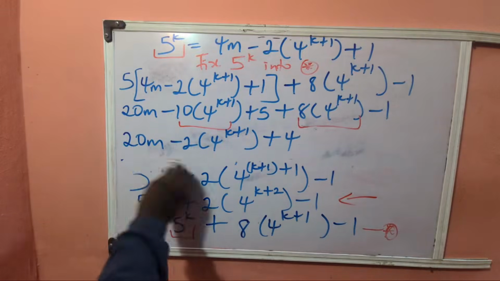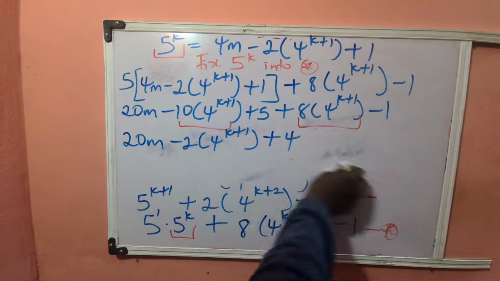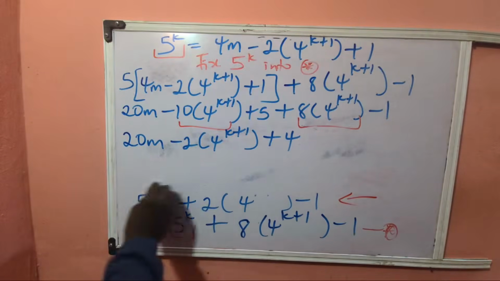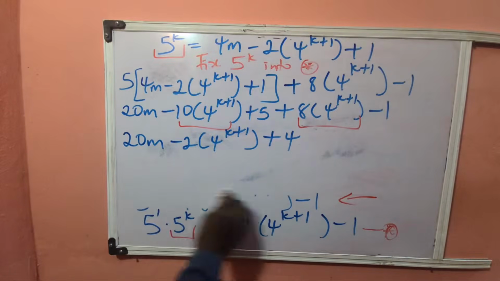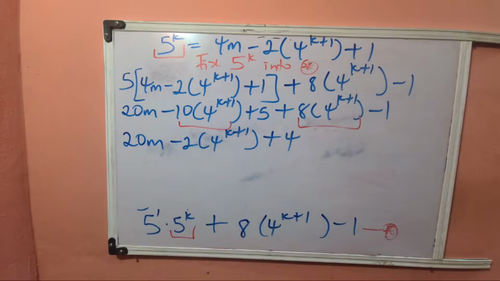Let me try and clean this up so that you don't get it confused. We are trying to prove that that particular function is an integer multiple of 4. So these are the procedure. Don't forget, we started by proving for the base case for when n was equals to 1, we got our answer to be 36. And we said that was 4 times 9. Then we went on to prove for when n was 2, we got our answer to be 152.